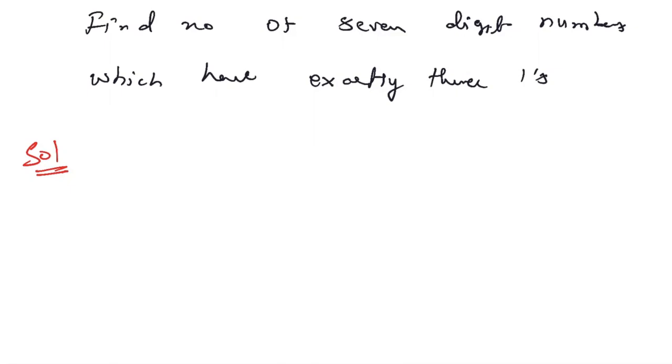Very good. Not many answers are coming, right? See how we can go. The 7-digit number with exactly three ones, right? So first we have to go with the 7-digit number.